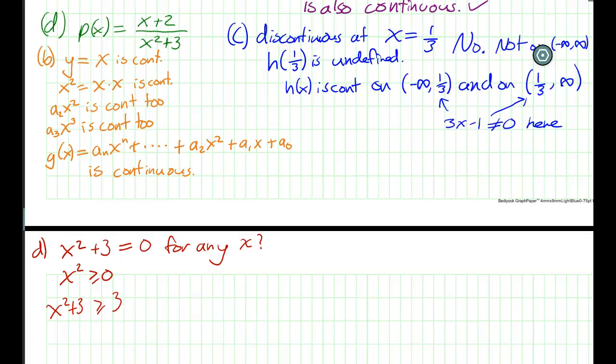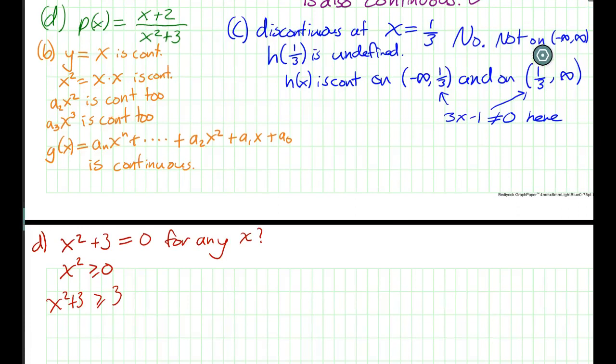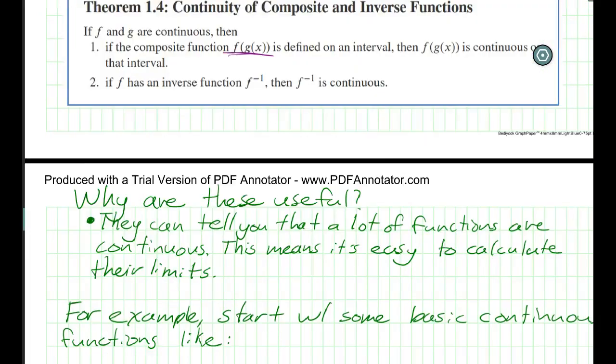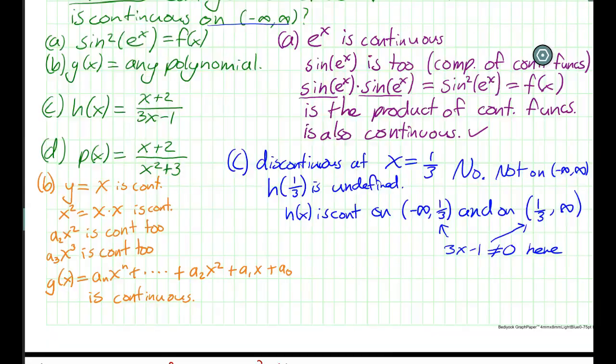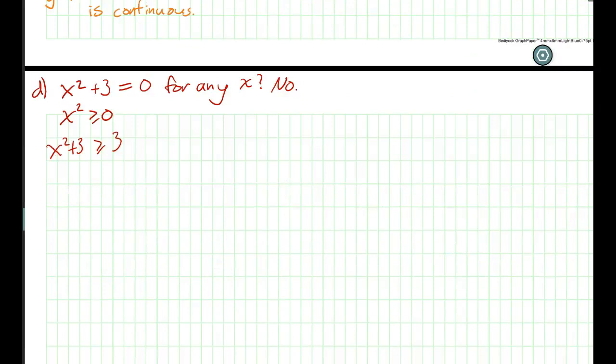So if it's always greater than 3, it can't be 0, so this denominator is never 0. And if the denominator is never 0 on the interval from negative infinity to infinity, then this fraction is always continuous.